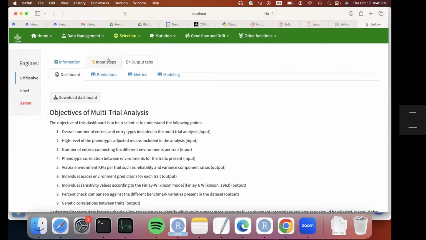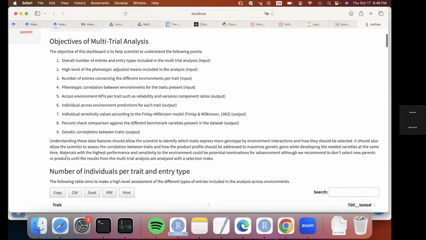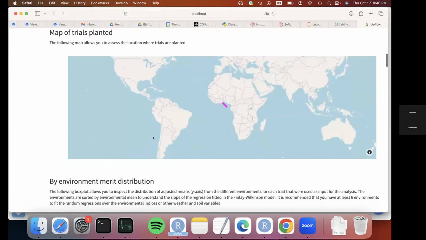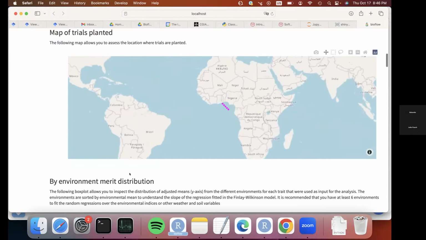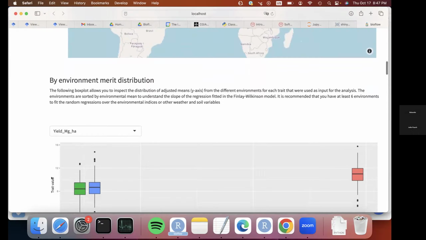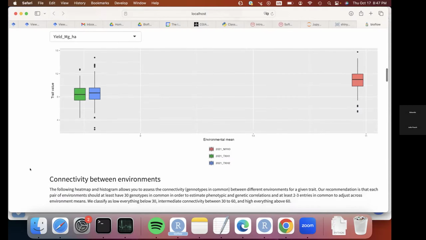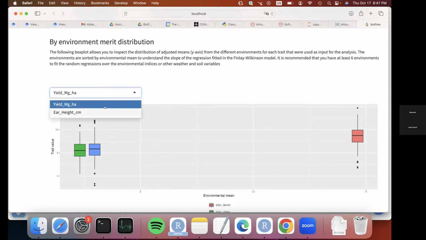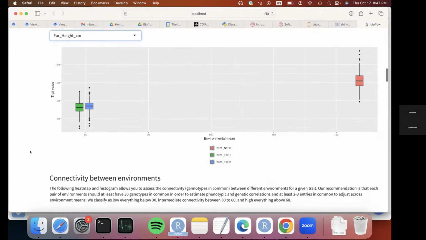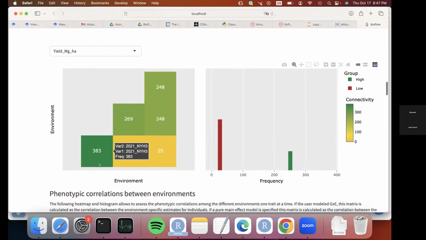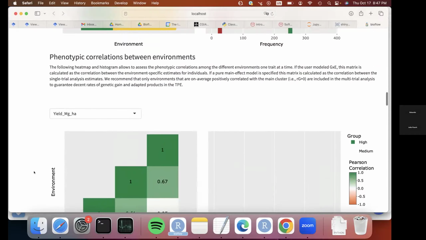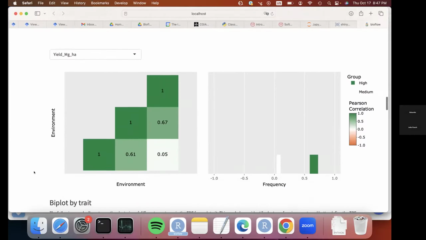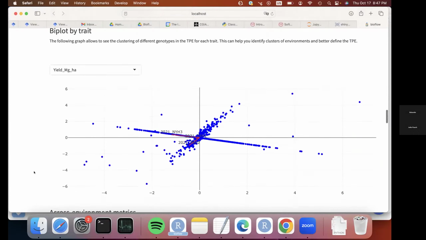And you can see that once the run is finalized, it will take you to output tabs where you have a dashboard that can be downloaded, where you have different graphs depending on what is the type of analysis or decision that you have to do. You can interact with these graphs and these dashboards to see if what you are getting is what you were expecting, or if something has to be adjusted, or the model has to be changed, or if the data is looking bad.